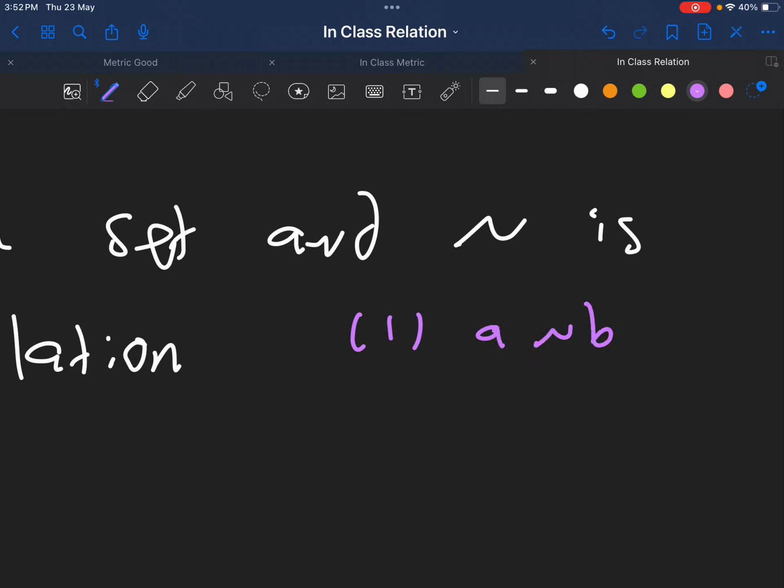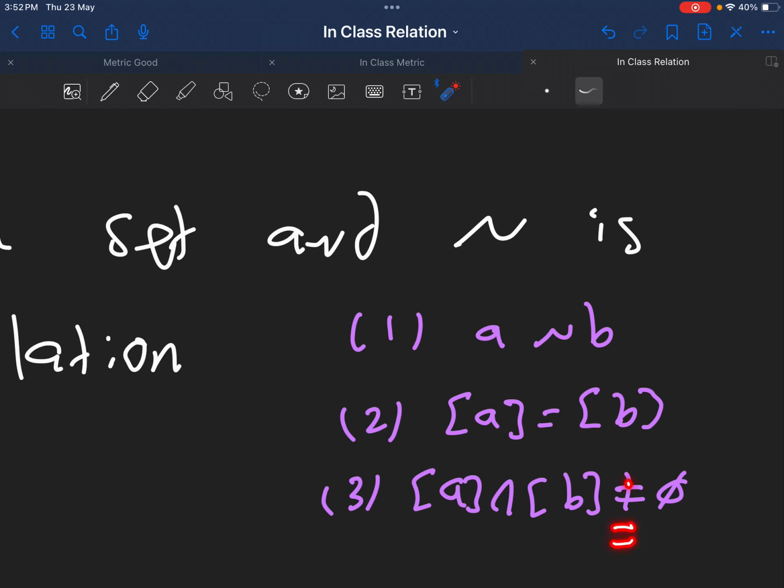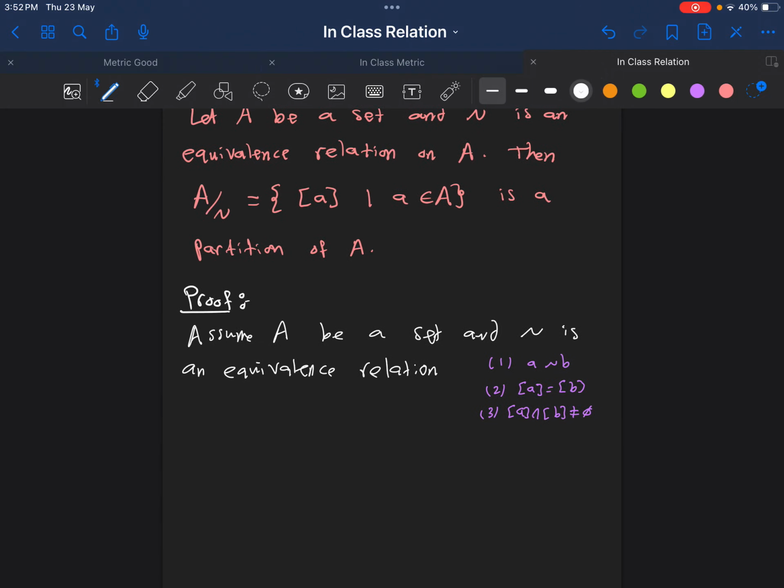We know that if A is equivalent to B, or in relation with B, it means they are in the same equivalence class. And we know that also the intersection between those classes is not empty. That's one of the pieces of information we know from the equivalence classes. So if we do the negation, if we write here empty, this would be not equal and they will not be in a relation.